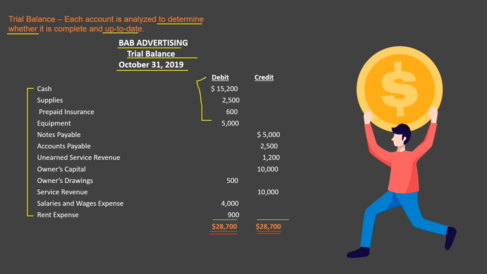Notes payable, accounts payable and unearned revenue are recorded on the credit side. Owner's drawing, if it increases, is recorded on the debit side. At the end we balance all the amounts, and if they are equal, it is done and okay.